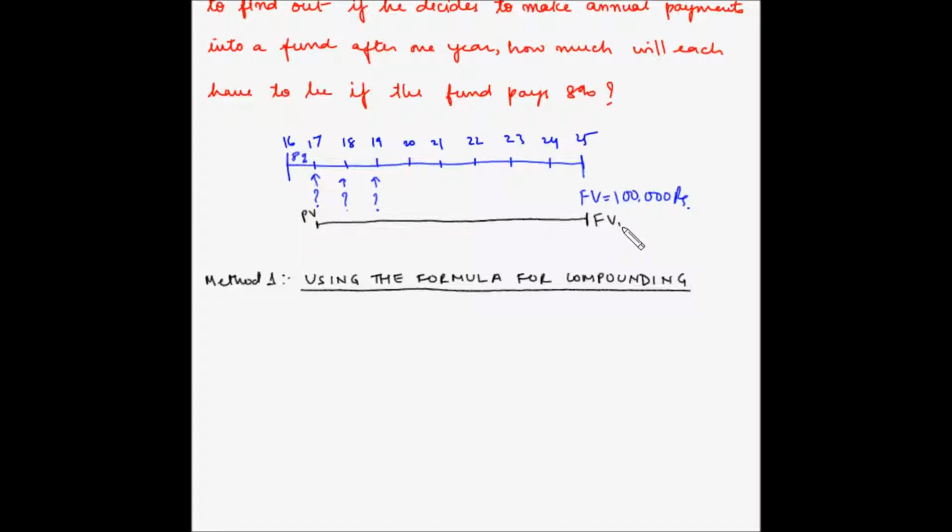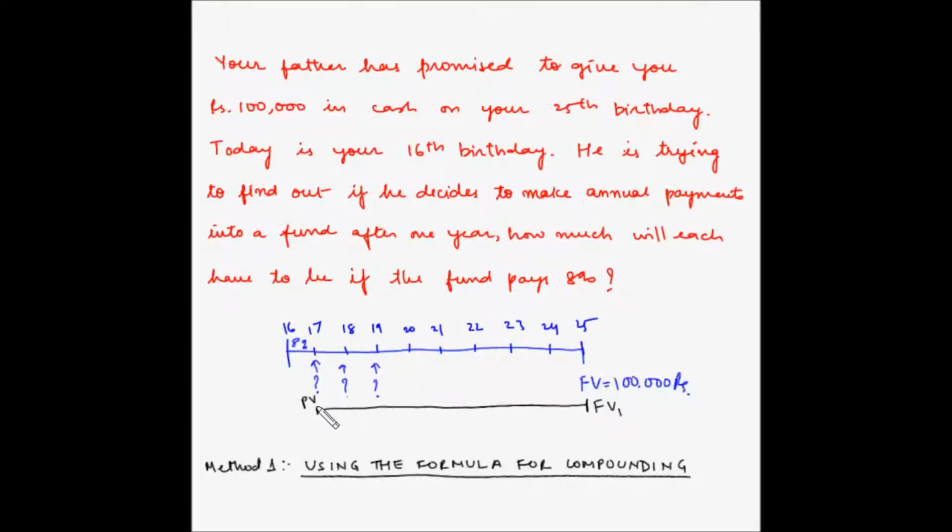Let's say we call this FV1. So this PV amount will gain 8% every year for the next 1, 2, 3, 4, 5, 6, 7, and 8 years. So n is equal to 8 in this first case.